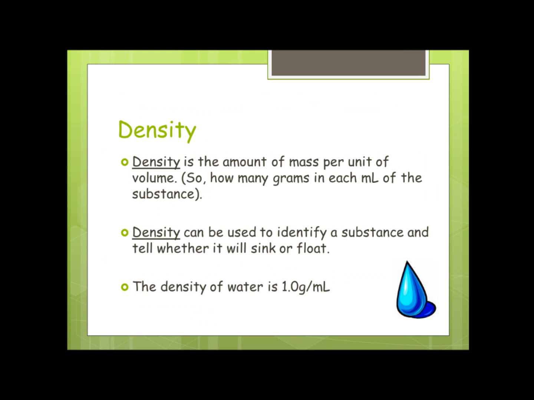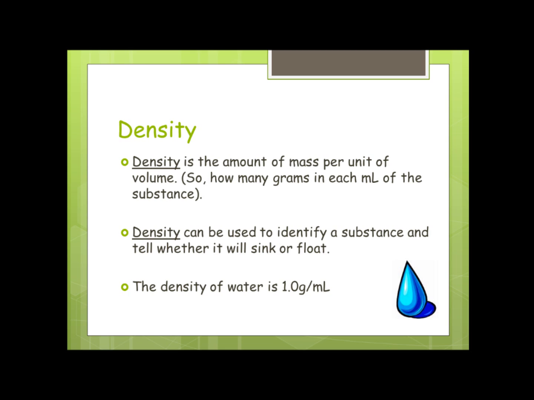All right. Now, density is a really important one, and we're going to spend a whole day next week talking about density. But density is also super cool, and there's a lot of neat things you can do to look at density. So density is the amount of mass per unit of volume. So basically, we know we can measure mass in grams, and we know one way we can measure volume is in milliliters.